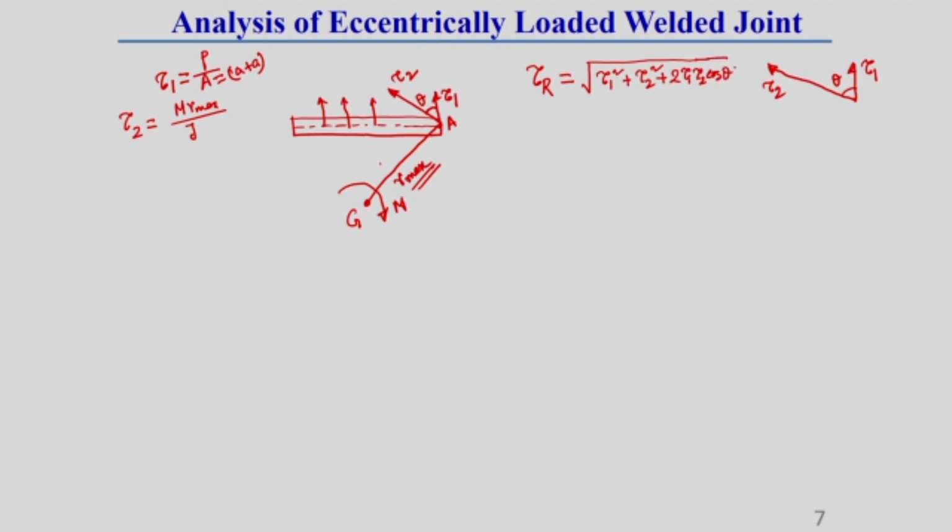This is a very standard relationship. I am not going to derive it because it is very simple, you can get it from the parallelogram law. So, this is the resultant shear stress in your weld, the maximum resultant shear stress, tau r maximum, which is developing inside the weld.